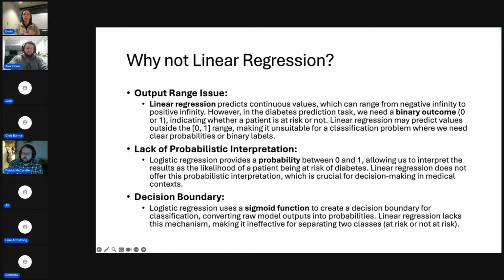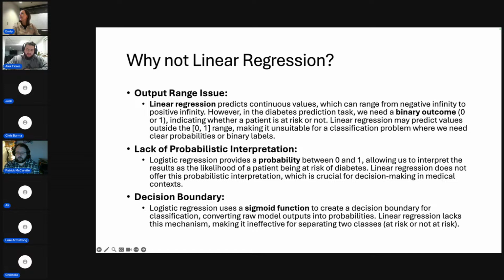Default is 0.5, so by default, everybody who's above a probability of 0.5 is of the yes class, the predicted maybe at risk for diabetes class, and everybody that's below 0.5 is of the not predicted at risk for diabetes. But that threshold, that decision boundary, we can actually move. We have control over where we set that, and that gives us a lot of control in how our model makes its decisions in logistic regression.